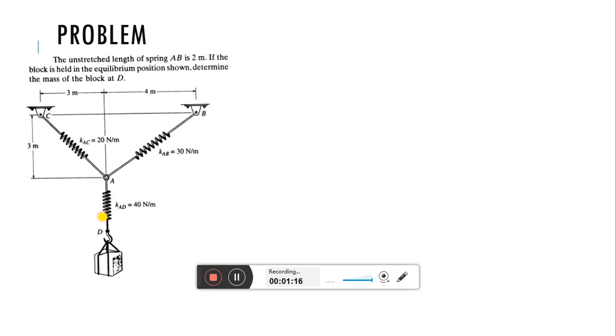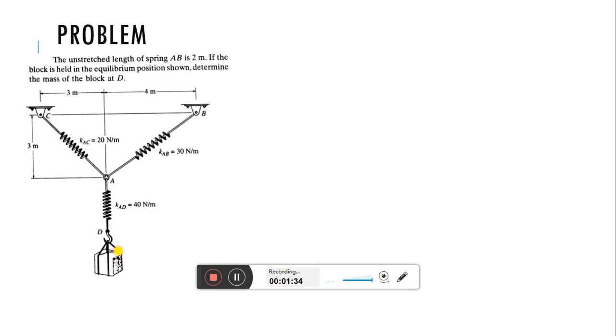In between these three springs, length of spring AB is given. It is 2 meter. And we can see that at the end of AD spring a mass is there.